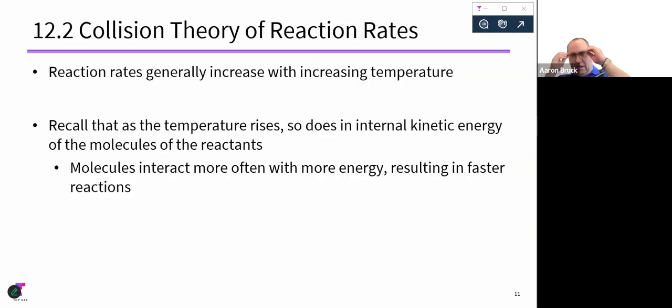We also know that as we increase temperature, reaction rates are going to increase as well. This has more to do with kinetic energy than anything else. As we raise the temperature, the internal kinetic energy is also going to increase. And if our internal kinetic energy is going to increase, two things are going to happen. First, by the fact that they are moving around more, we are going to have more collisions in general.